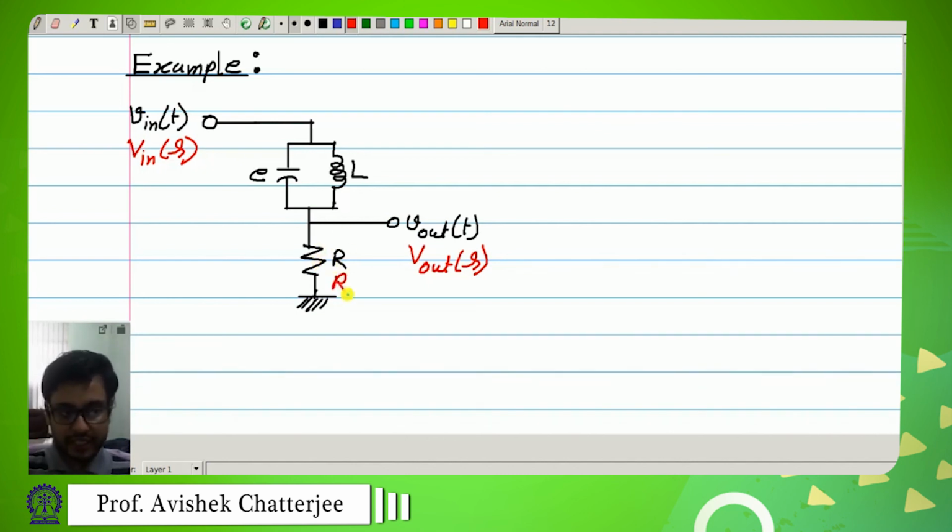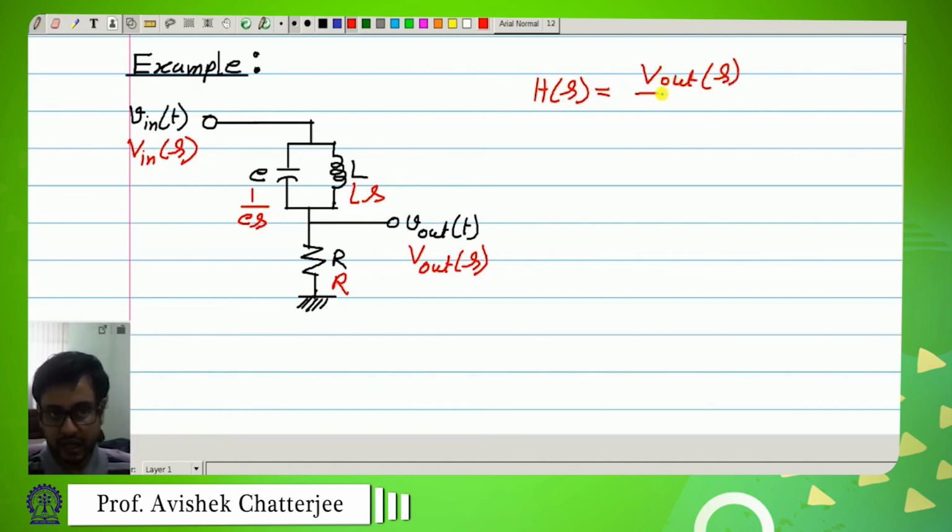R is R itself, L will become Ls, C will become 1 by Cs. This is under relaxed condition, of course. Then we have to find the transfer function H(s), which is V out S divided by V in S.